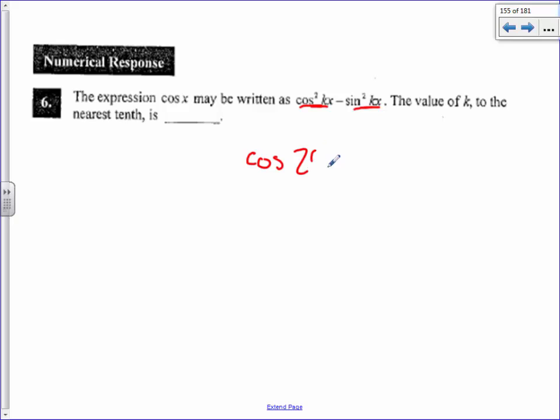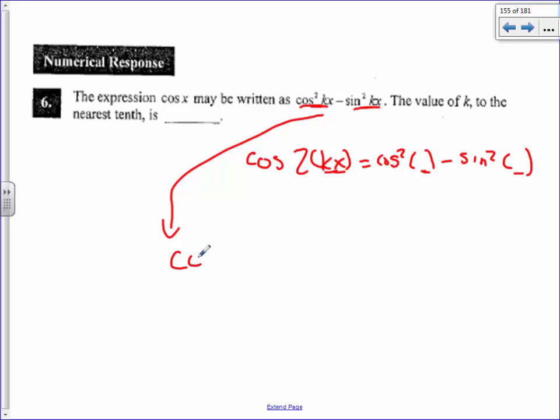Cosine 2 of something is equal to cosine squared of that something minus the sine squared of that something. What is this something? kx. Yeah, for us, this is kx. So the fancy way of putting this is that all of this stuff right here is really the cosine of 2kx.